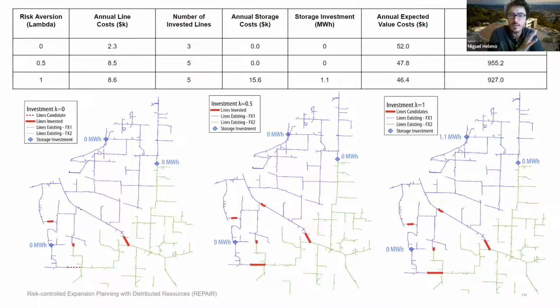We take this value as an input, and with it we calculate the cost for the utility or for the system of having longer or many interruptions and many outages, so we use this value to convert outages to costs.